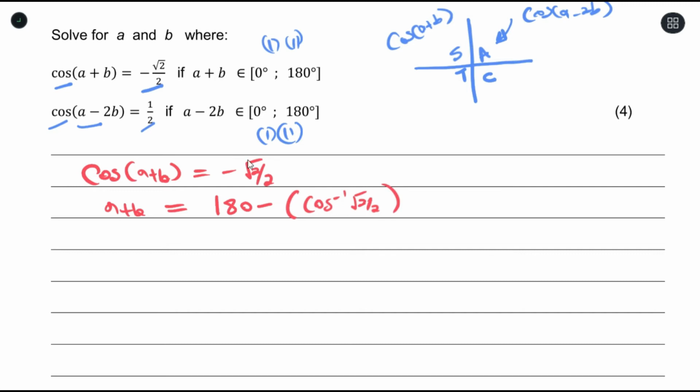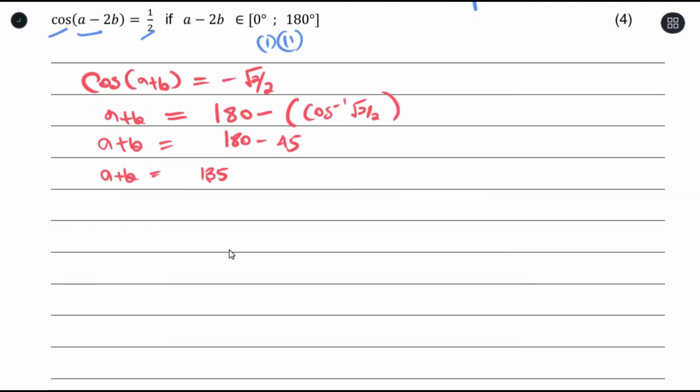Since negative root 2 over 2, as we said, is in the second quadrant, and the equation for the second quadrant is 180 minus theta, this becomes our reference angle. So that's why we have 180 minus cos inverse of this. Now, if you put this in, you're going to get, so therefore, A plus B is equal to 135.